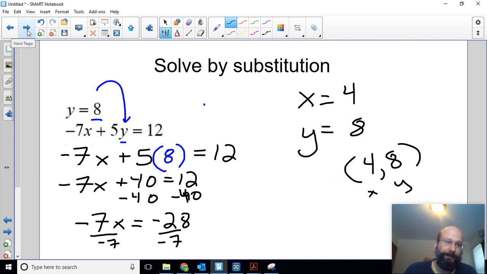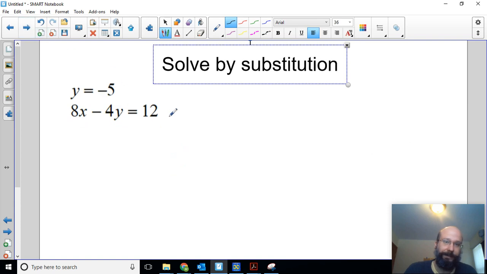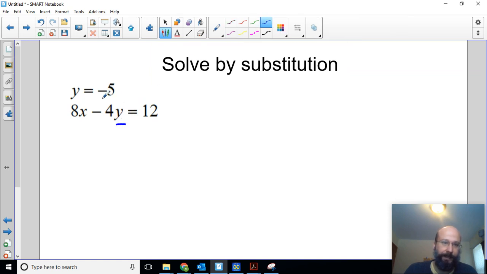I'll do another one just like this one that's on the easy side because this one's solved for y. It's going to get a little harder later, but this one's solved for y. So I'm going to replace this y with -5. Now again, I have 8x minus 4, but instead of y, I'm putting -5, equals 12.